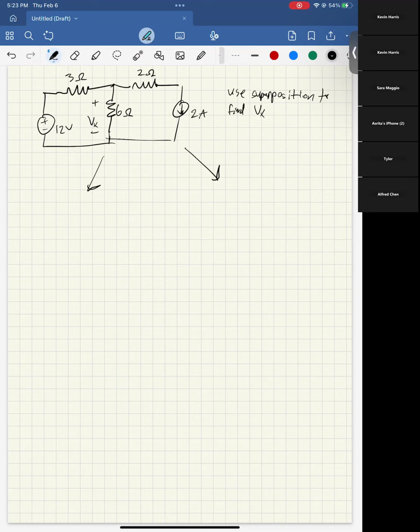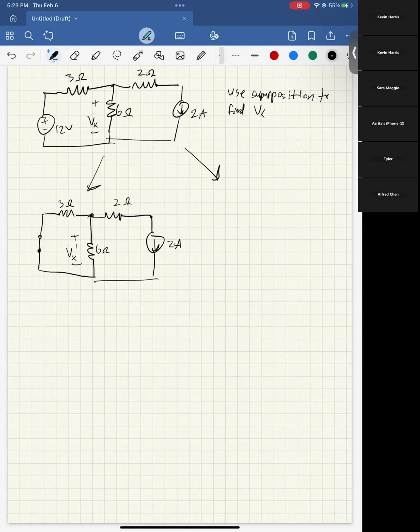I will use some little arrows and I will start by neutralizing the source on the left. So we neutralize the source on the left. This now becomes a wire. And now everything else stays the same. And now we want to find Vx, and we'll call it Vx prime.